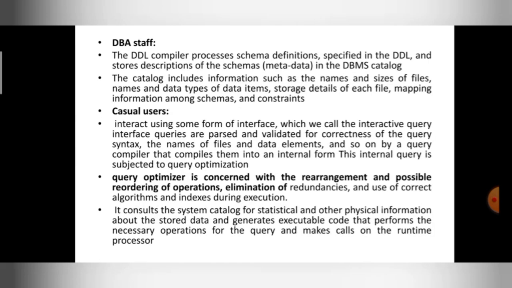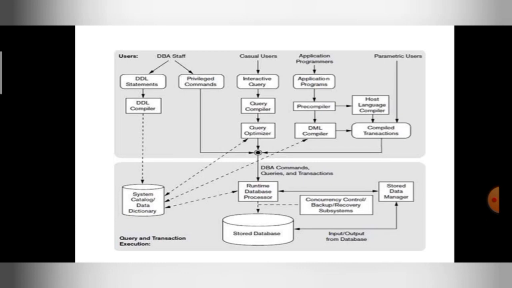One more important thing I told you. When an application programmer writes a program, some statements will be in the host language. Whatever language is used, those statements will be in that language. For example, if you use the C programming language, some statements will be in C and some statements will be in the form of database languages. That's why the host language compiler is used to compile the statements in the programming language.